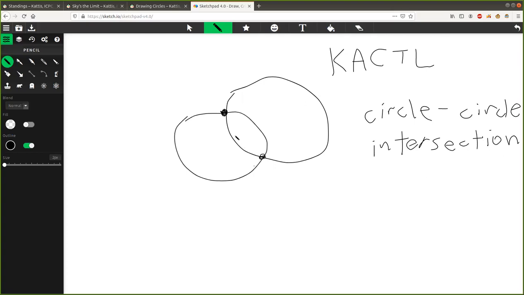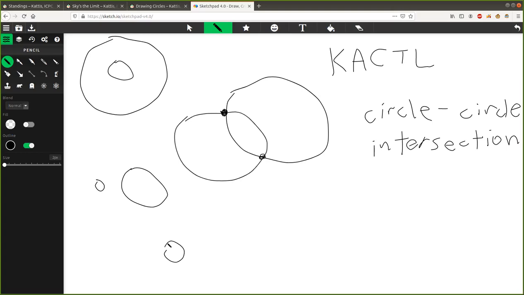It will detect different cases. It's pretty tricky because there are several cases, like what if a circle is contained inside of another circle? What if the two circles are separate? What if they're exactly tangent?